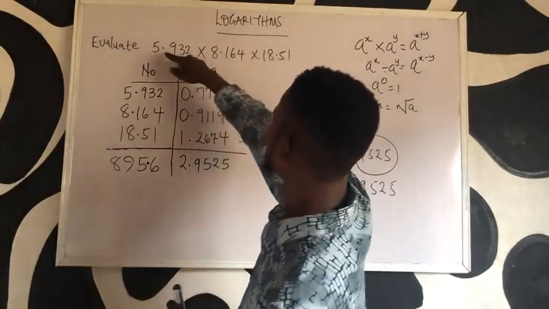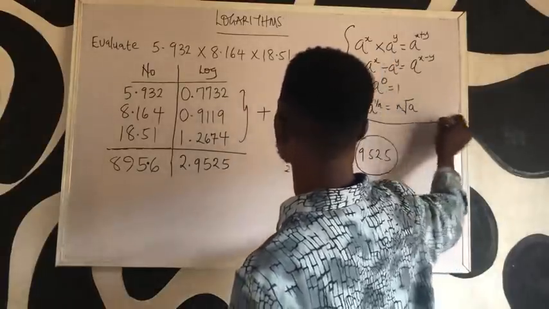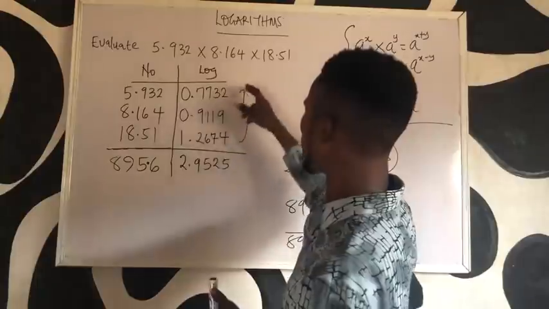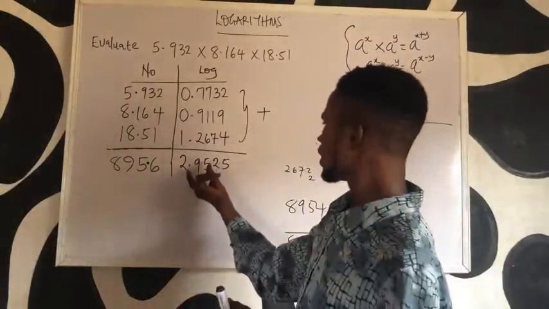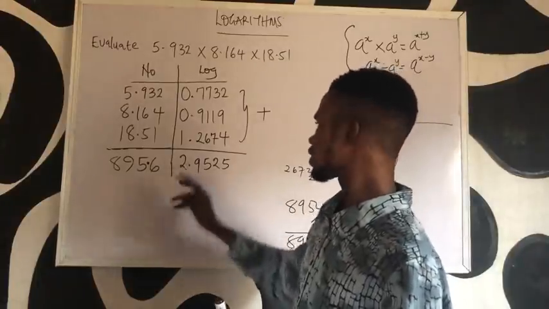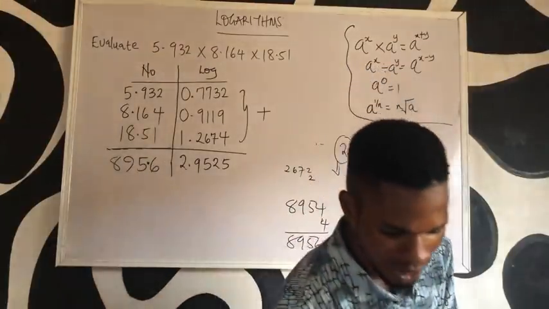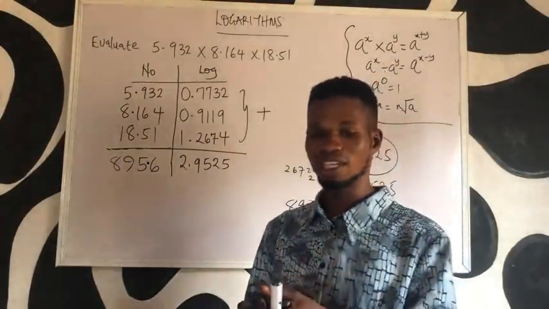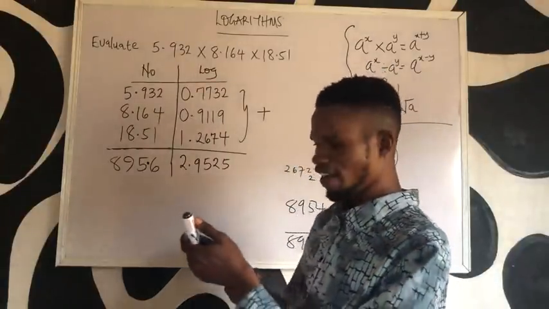The construction depends on the law of indices; we add together and have this. Check the antilog of the fractional part. Then we use the integer to place the value. That's 1, 2, 3. Then we can use our calculator to check if we have a close value or not.